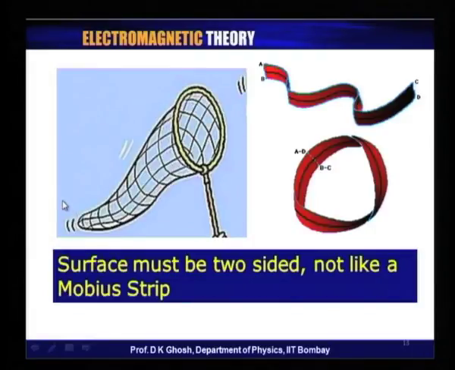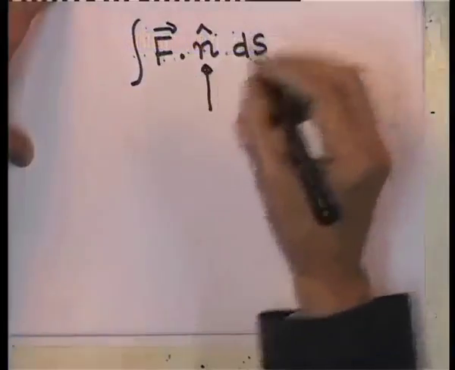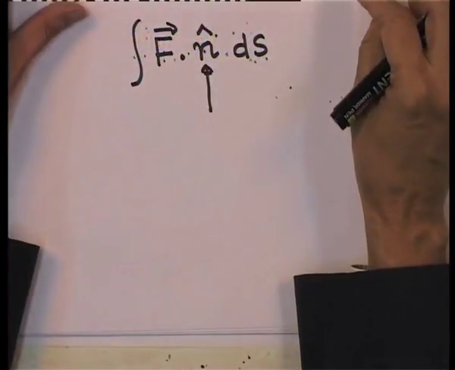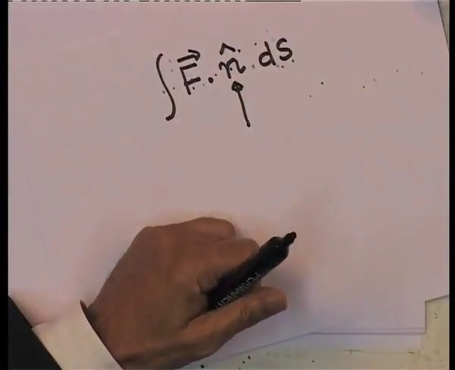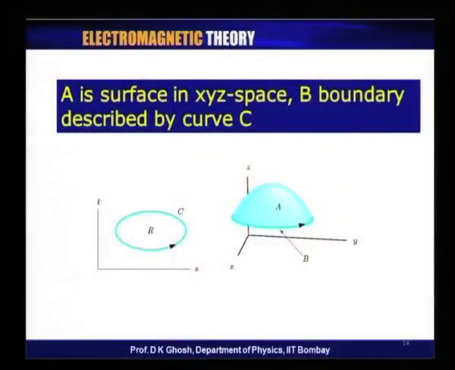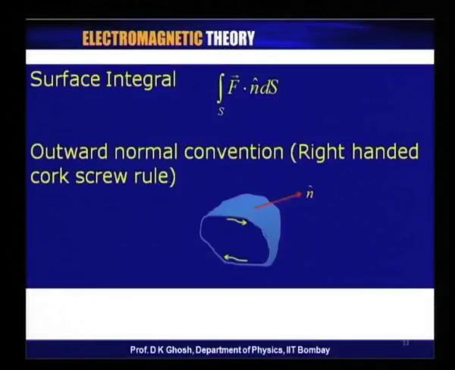Now, when that happens, we say the direction of this n is a unit vector which is perpendicular to the surface. It is not a constant vector, it changes from point to point. So, for example, you are at this point, so draw a perpendicular at that point and draw it outward. Now, what is meant by outward? Because after all, the outward needs to be defined.